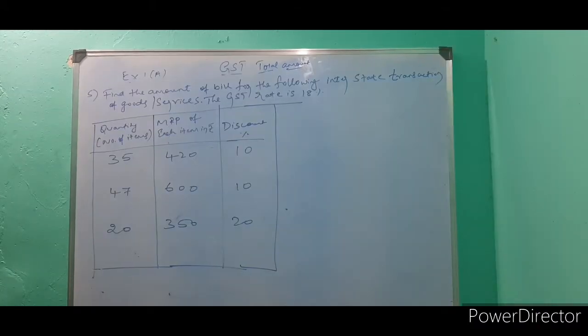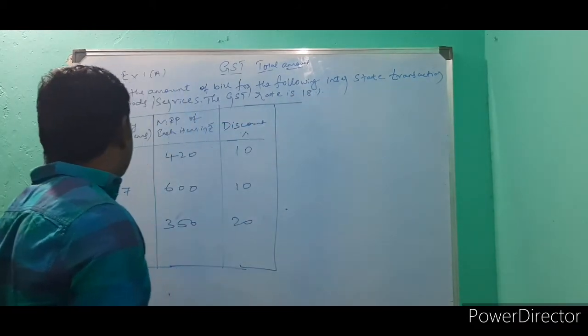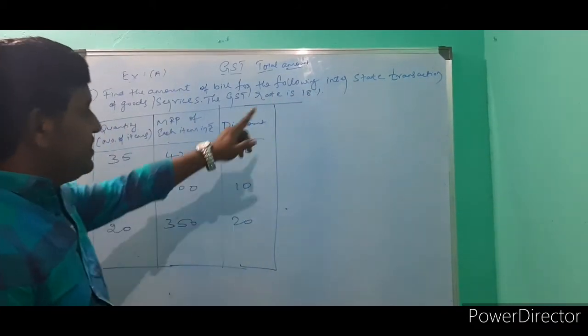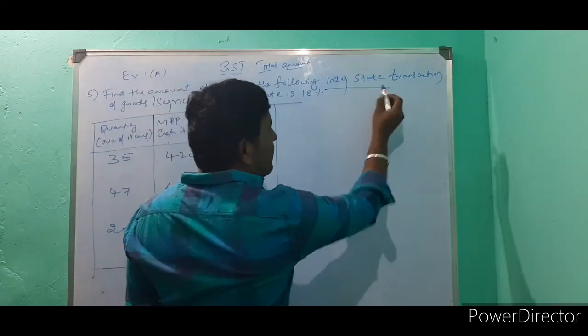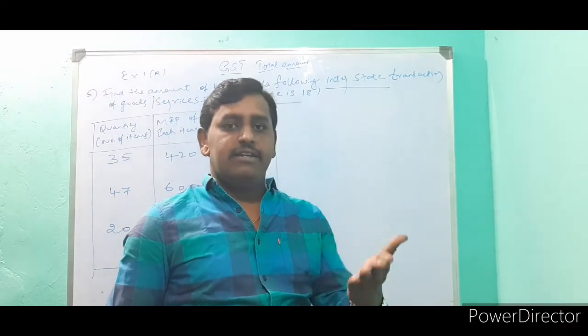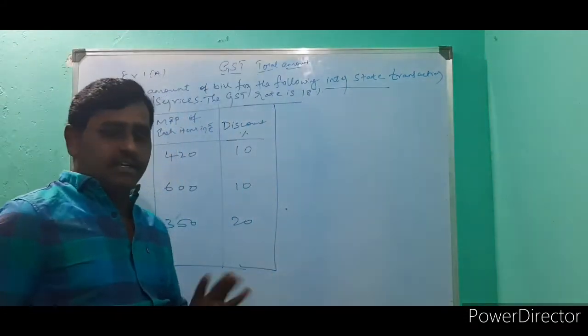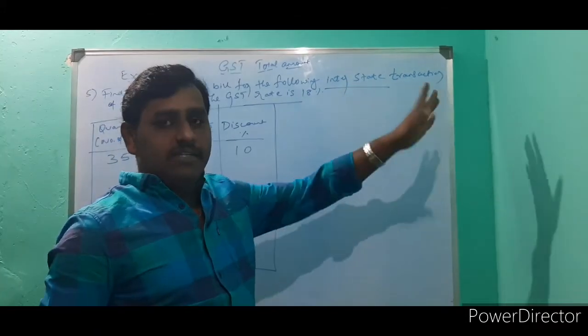Next problem. Find the amount of bill for the following interstate transaction of goods and service. The rate of GST is 18%. Here, interstate means we only find integrated GST, that is IGST. No need to find CGST and SGST for interstate, that is, state to state.